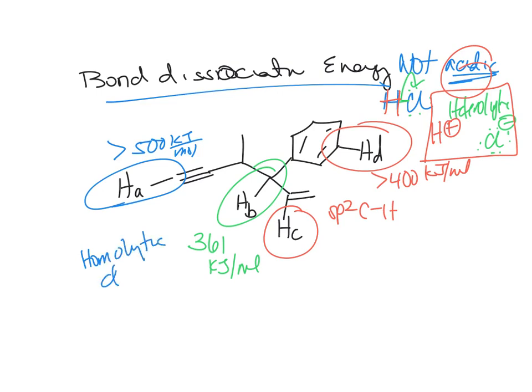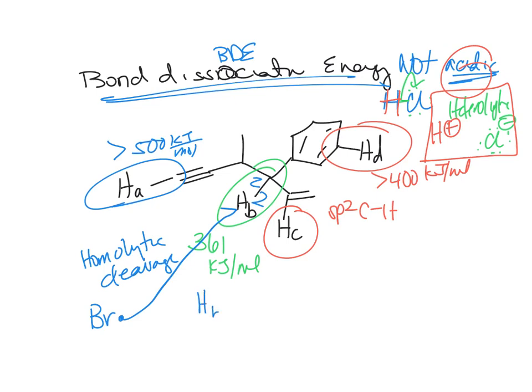Where you see the bond dissociation energy, you're going to have a free radical like bromine, and it does a homolytic cleavage. So it's going to abstract the hydrogen that has the lowest bond dissociation energy. That is measured by homolytic cleavage, where these electrons split equally.